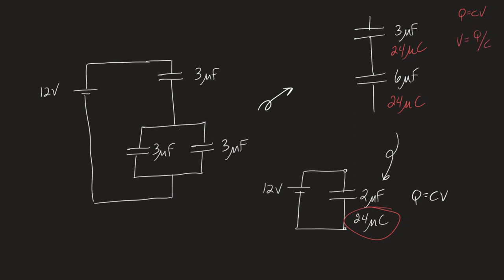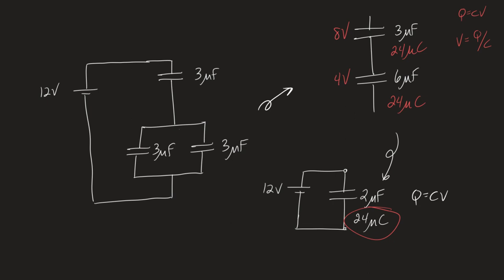So that means the voltage will be the charge divided by the capacitance. So 24 divided by 3 gives me 8 volts. 24 divided by 6 gives me 4 volts. Check my work. 8 plus 4 is 12. I'm good to go.